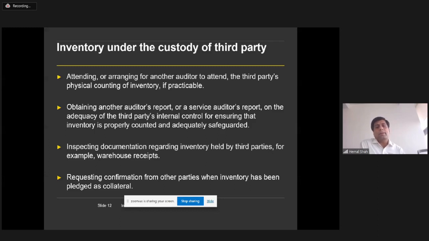If the third party is audited by another auditor, the auditor of that company issues a report for inventory lying with the third party, which is owned by you. That is a very, very common practice globally. In India, it has not got that much momentum, but we have seen many companies have started following this. In a few years to come, it will be a common scenario in India as well.